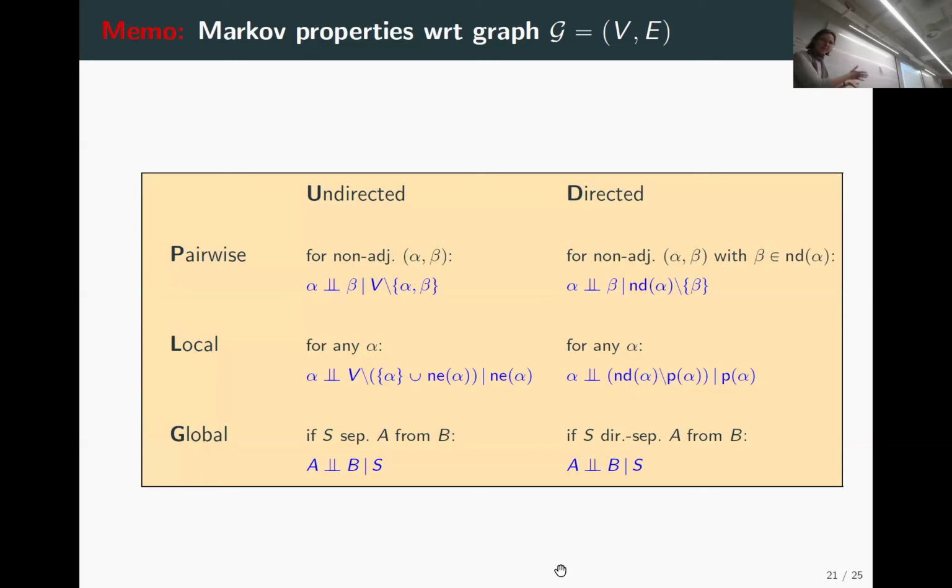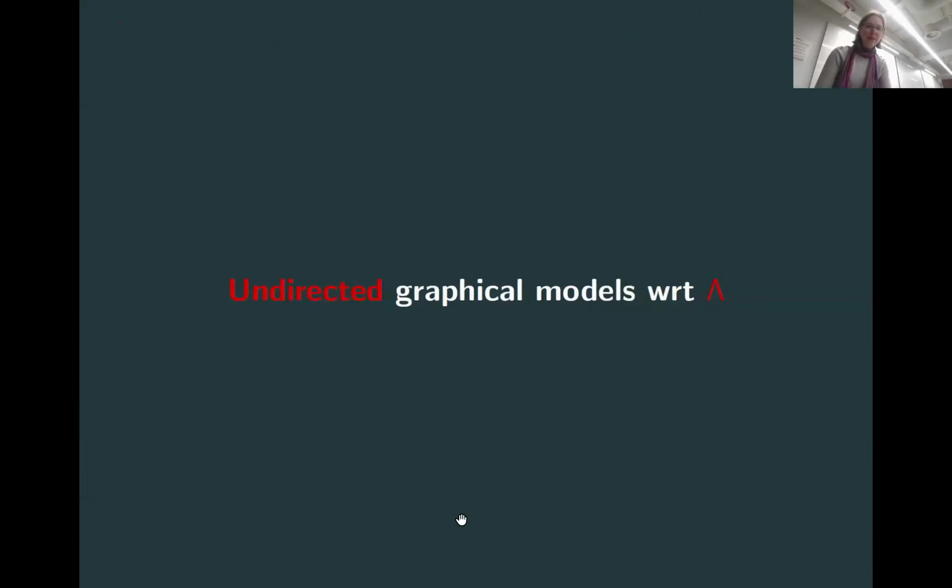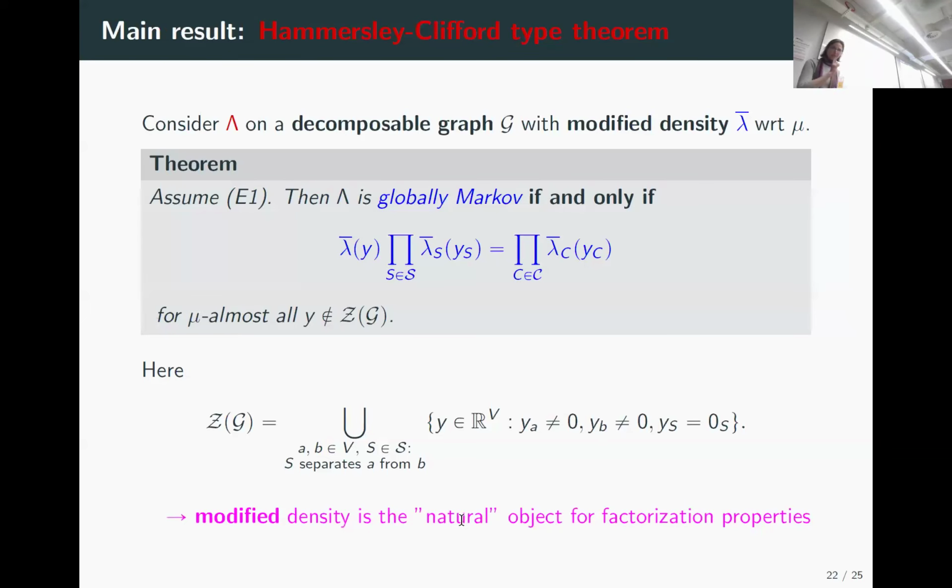So here, a quick reminder about the Markov properties. What can we learn for either undirected or directed versions? For undirected graphical models, one of the results that we're quite happy about is that we can prove a Hammersley-Clifford type theorem.